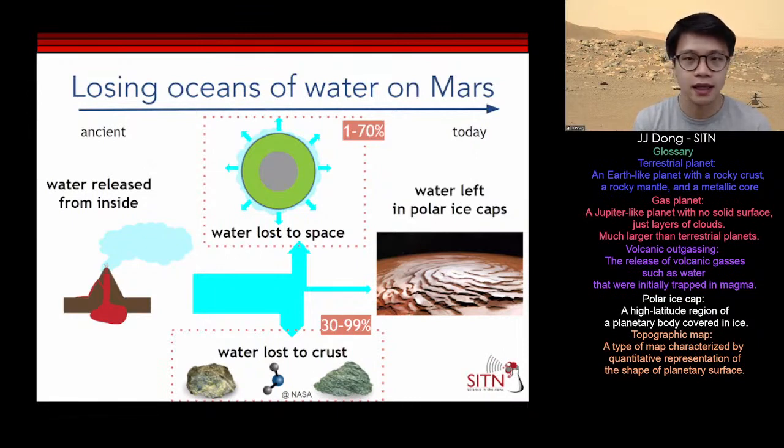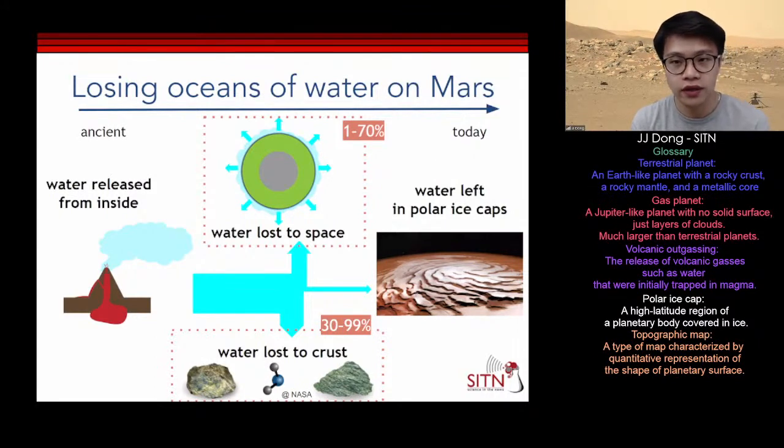Just to summarize this part 2, how Mars lost its water, in a few words: Mars was formed with wet materials, as Matt suggested. A significant amount of water was first stored in the interior of the planet, and soon after released to the surface through volcanic outgassing to form a liquid ocean, rivers or lakes billions of years ago.